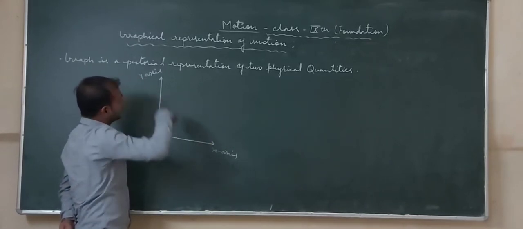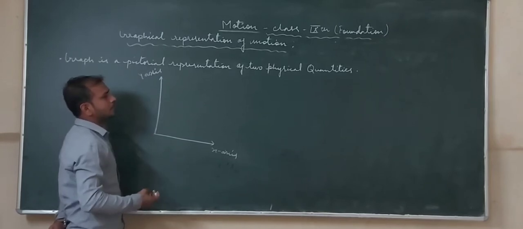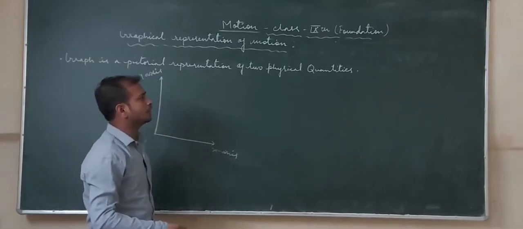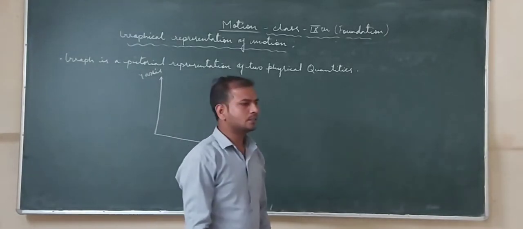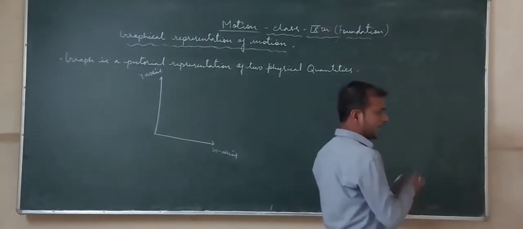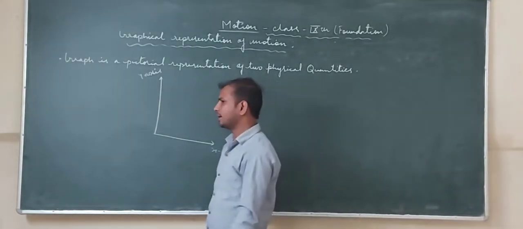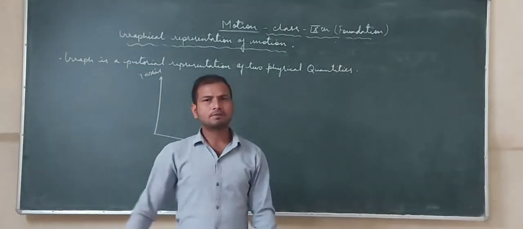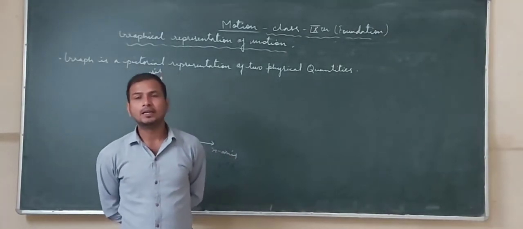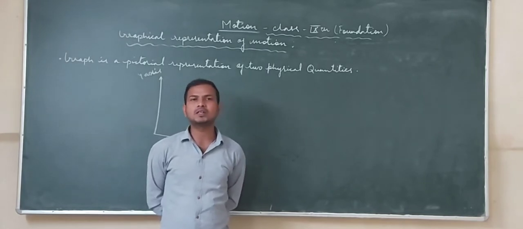First of all, via a graph we are representing two different physical quantities which are competing. Likewise, suppose a hare is moving, racing or running. It is changing its position with respect to time.